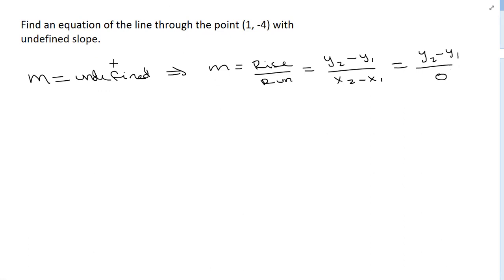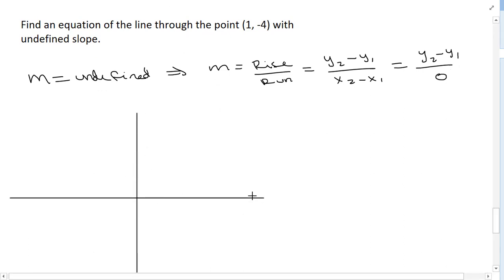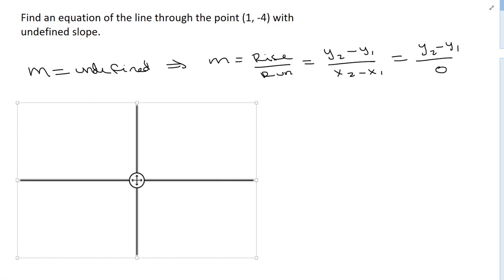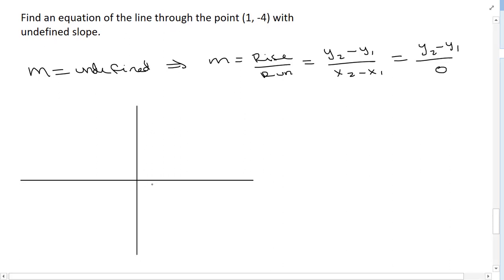So the way that I then will think about this is I'm going to go to the point 1, -4. So there's 1, not drawn to scale here, and then -1, -2, -3, -4. Plot the point, and because the slope is undefined, that means that the run is 0. So there's no movement of this line horizontally.